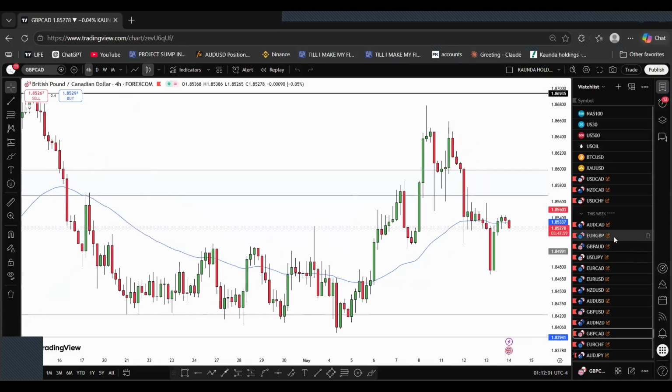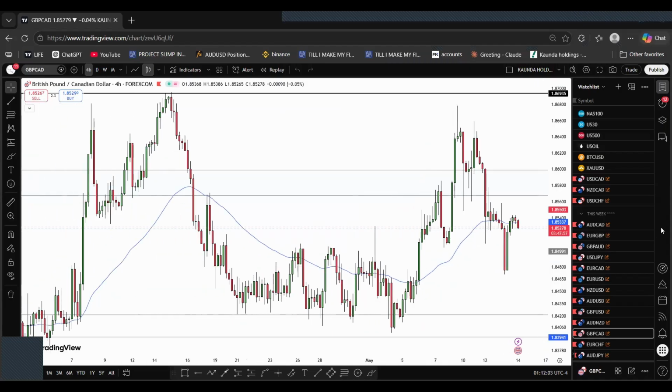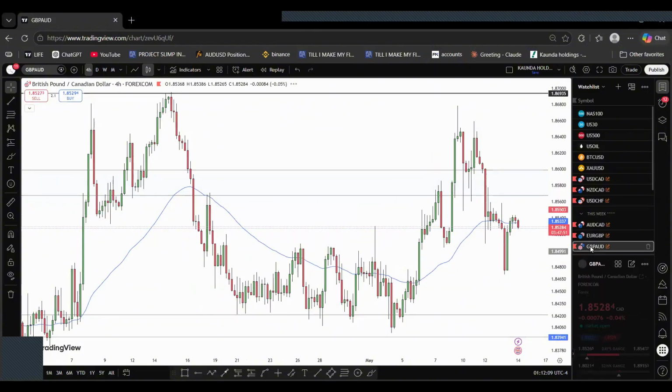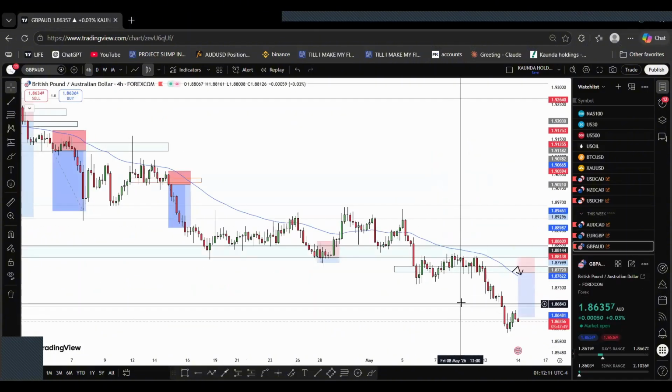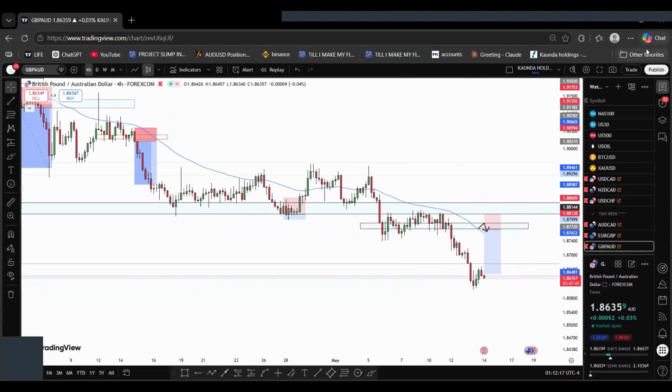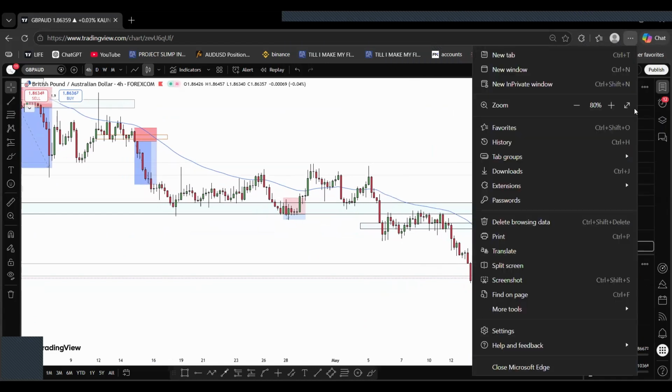So let's just go through how the market closed. This is GBP AUD. The one we didn't take was because price didn't give us the retest we needed.